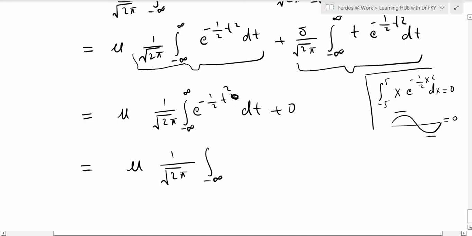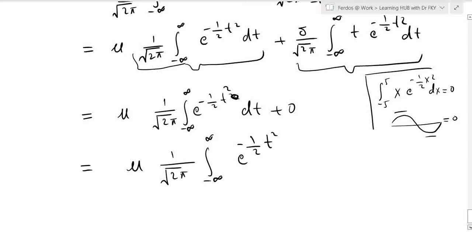Now we need to solve this equation. The other part is already equal to 0. So now we need some further substitution for this.